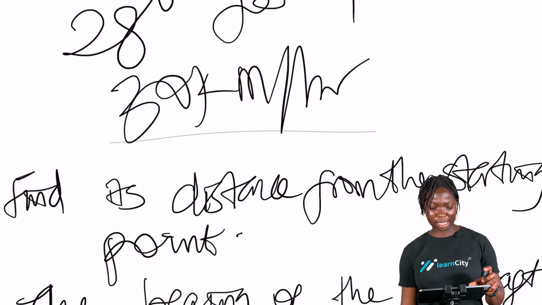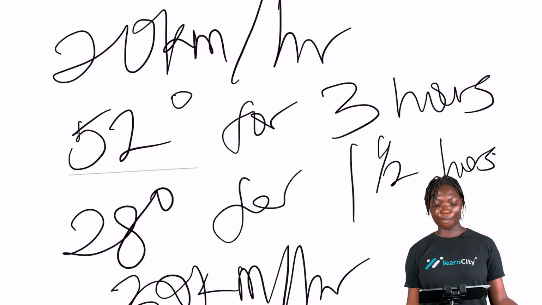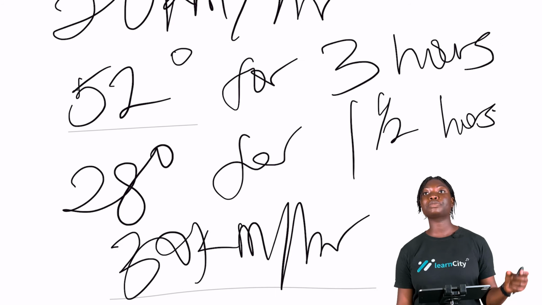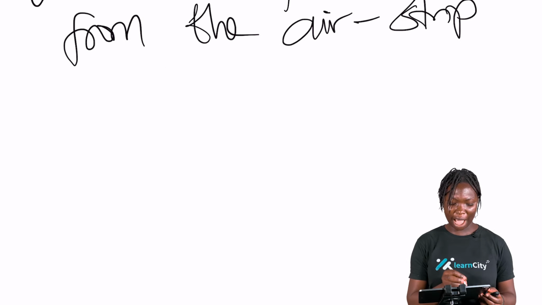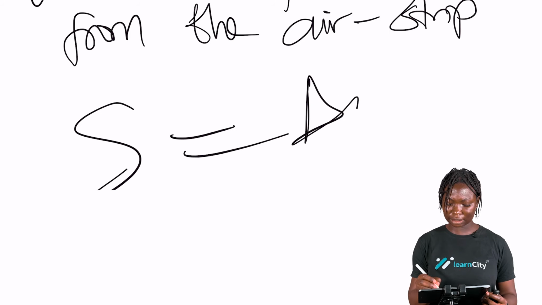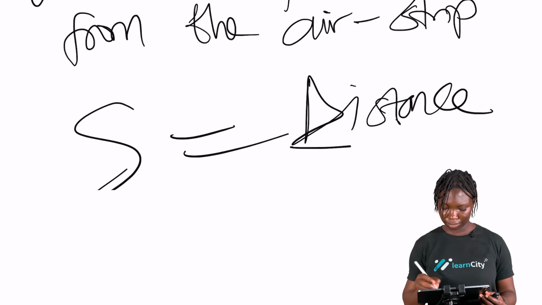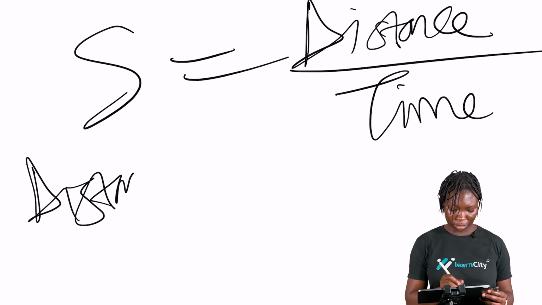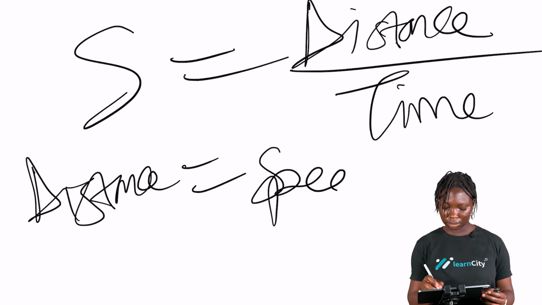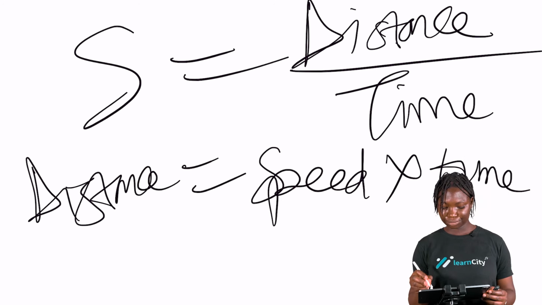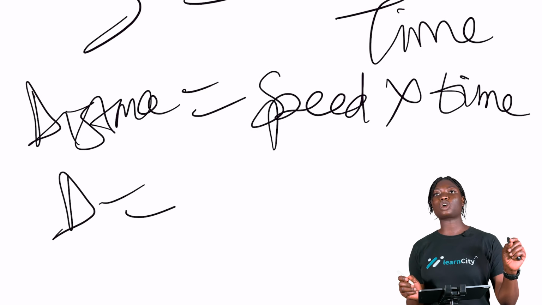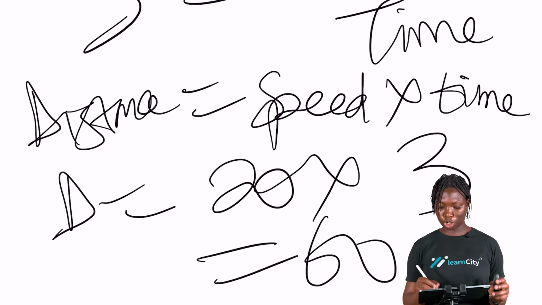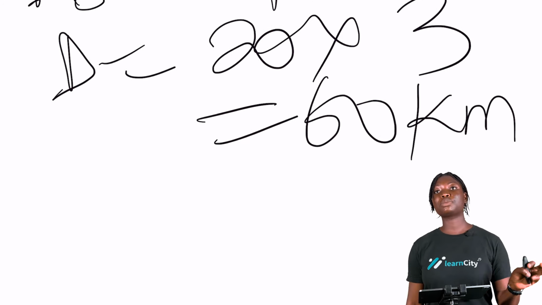Speed equals distance over time, so distance will be speed times time. For the first course, the distance will be 20 times 3, which is 60 kilometers.